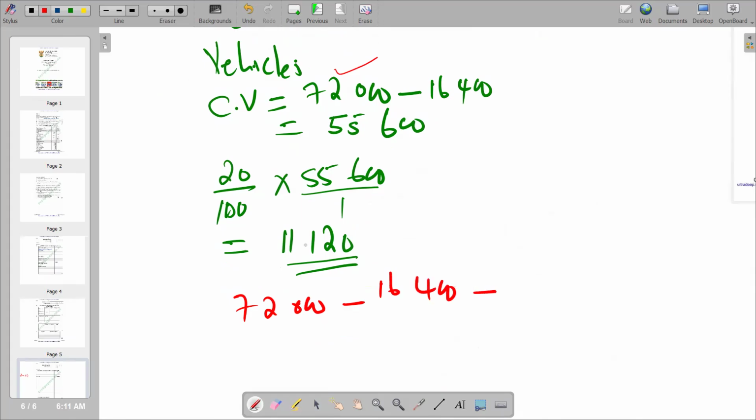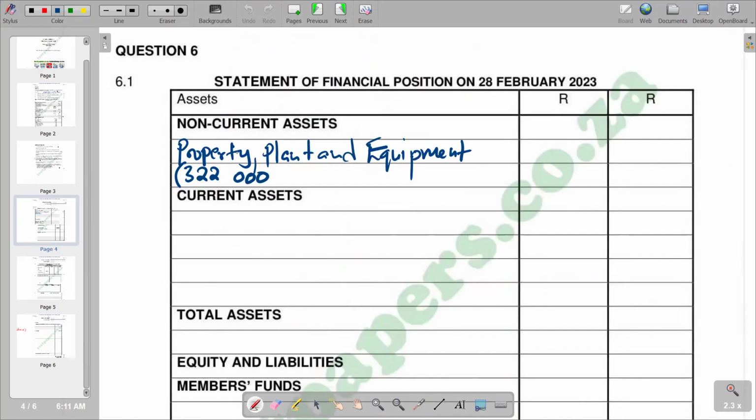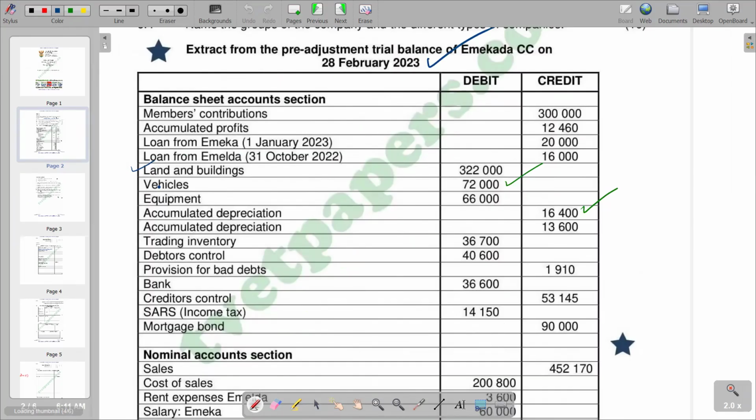And then we subtract again for the current year, 11,120. So we do that, and we get 44,480. So this is going to be your carrying value for vehicles. This is the figure that is supposed to come here. So you're saying plus 44,480.